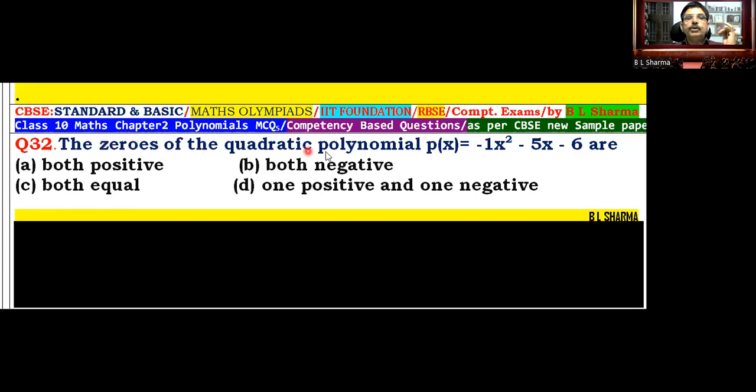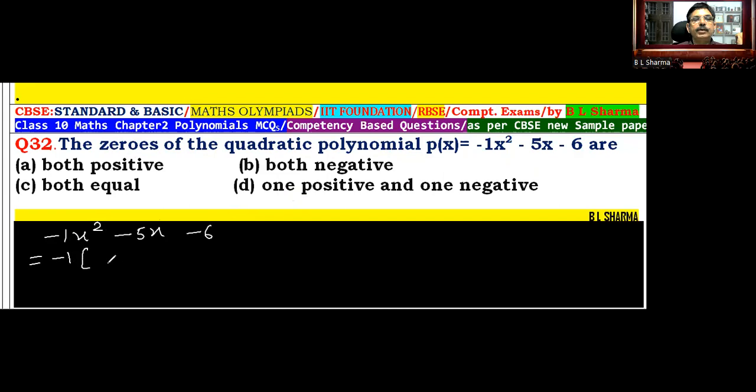The zeros of the quadratic polynomial, that is minus 1x square, negative 5x, minus 6, are: let's see here. First of all, we have to find them. The polynomial is minus x square minus 5x minus 6.